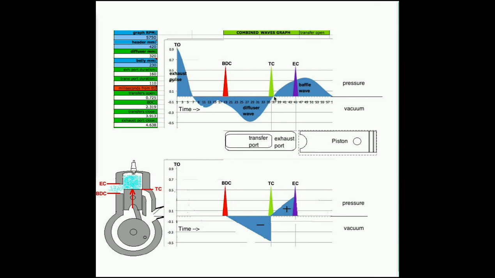It's because the exhaust wave is not just one thin wave that's happening. It's a long wave. It's like anywhere from 0.6 milliseconds up to maybe a max of 2 milliseconds.